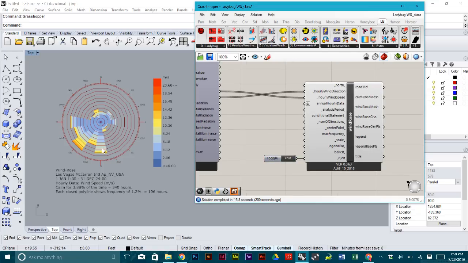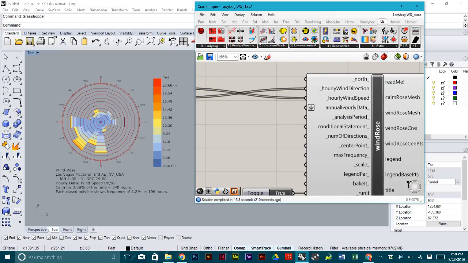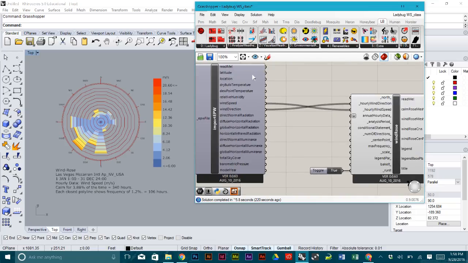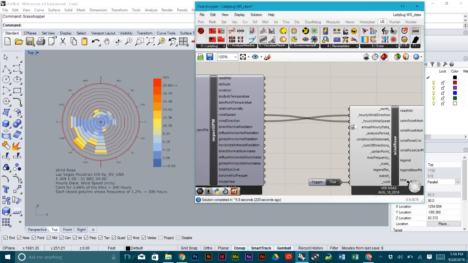So like I said, we want to look at the wind for both when it's hot as well as when it's cold. What's nice, again, you can see that there's annual hourly data. So that's asking for any additional component that we want to introduce. In this case, I'm going to just use the dry bulb temperature. This will take a second too.